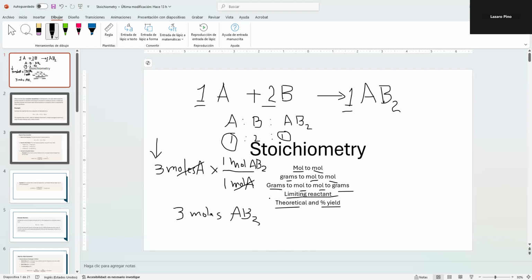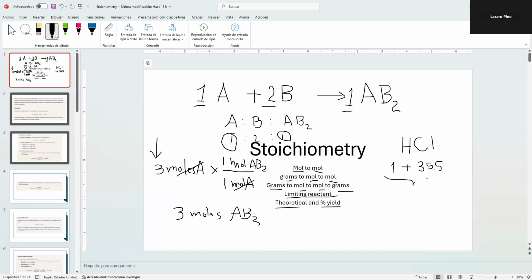Well, this is what I say is the main thing of this type of calculation. Also, we are going to calculate the molar mass because we can say that, for example, the atomic mass of hydrogen is 1, and the atomic mass of chlorine is 35.5.